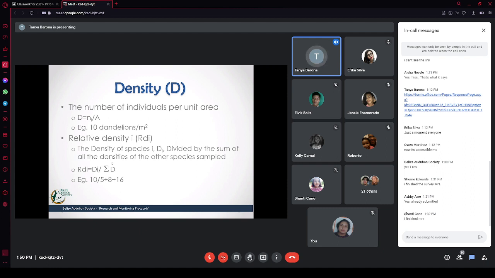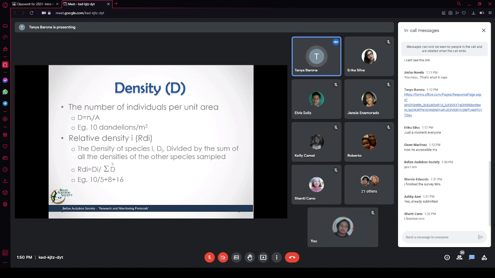You calculate your area just like you would in a math class, length times width. You get your area, and then you divide the number of individuals you find by your area, and you're able to get a ratio.